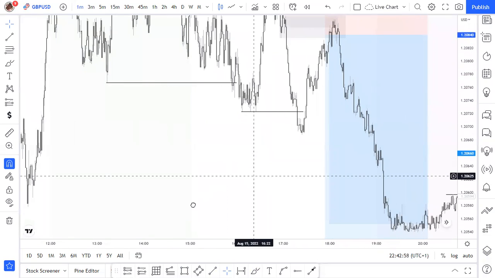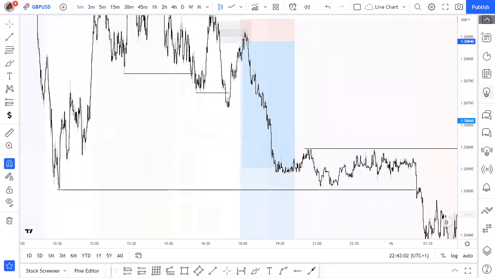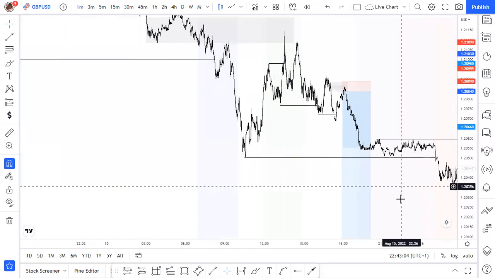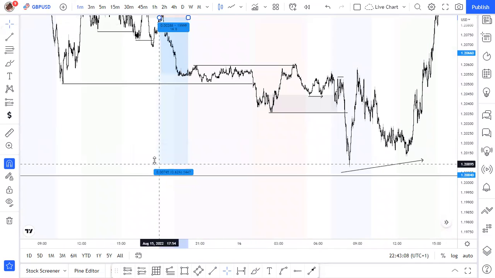So that was how I took the sell. This was the first trade I took on one day. It ran somewhere around 1 is to 14, 1 is to 15, but my target was actually at 1 is to 16.